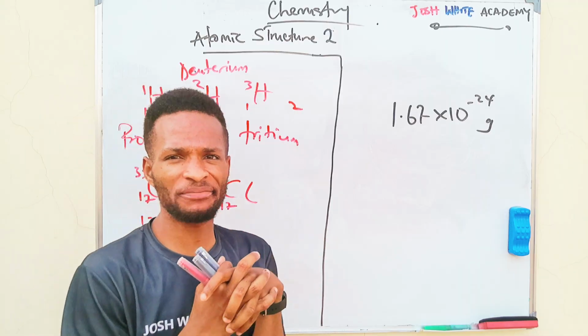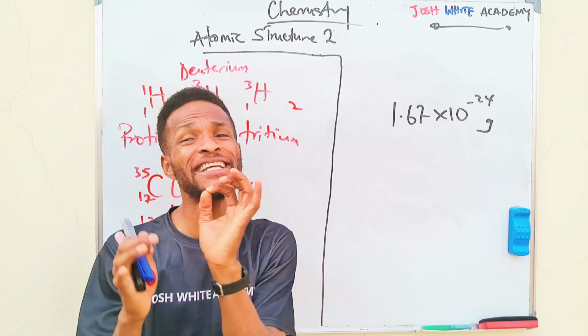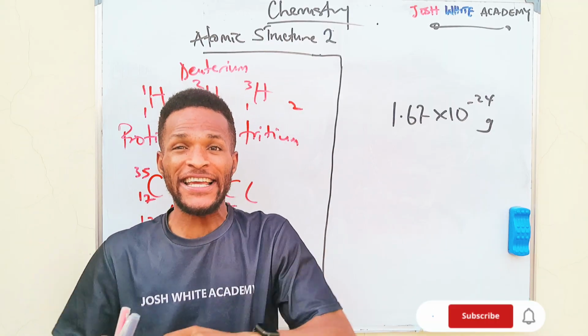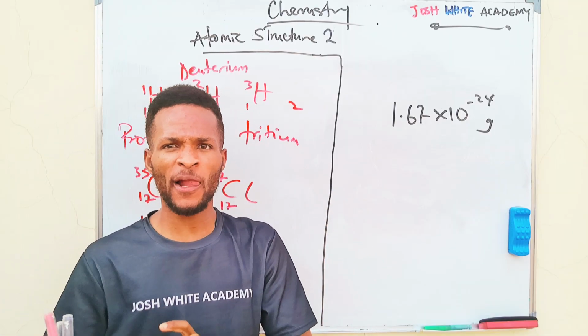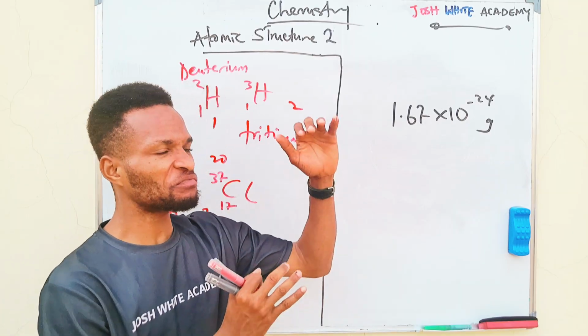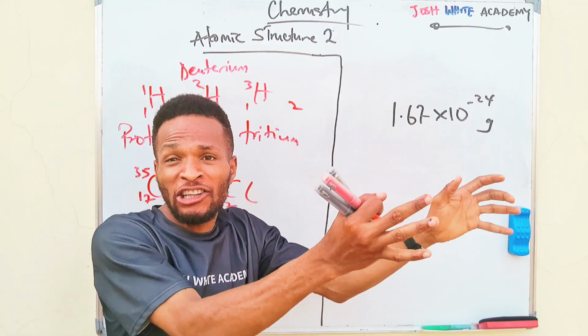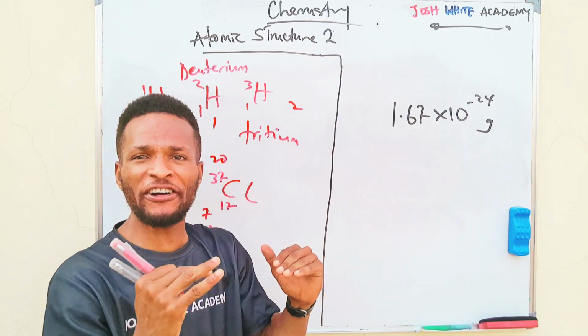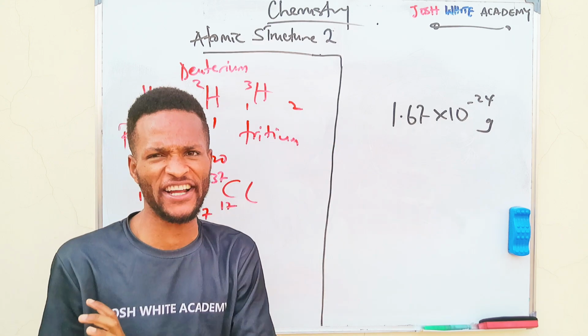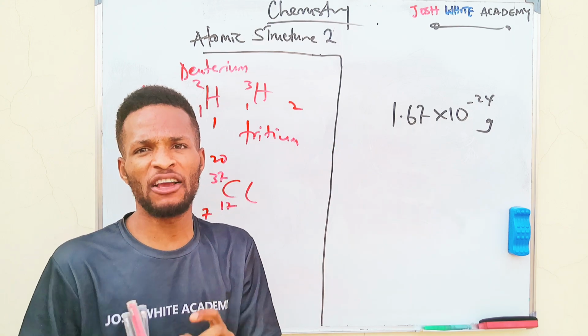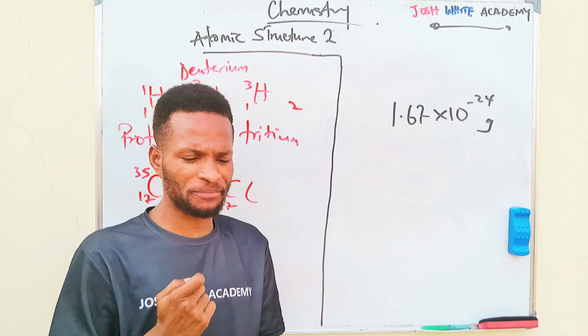So most times, relative atomic mass is a relationship. That's why it is called relative. It is between an atom of an element and a reference point. At those times, hydrogen was used as a reference. That means, for instance, oxygen.